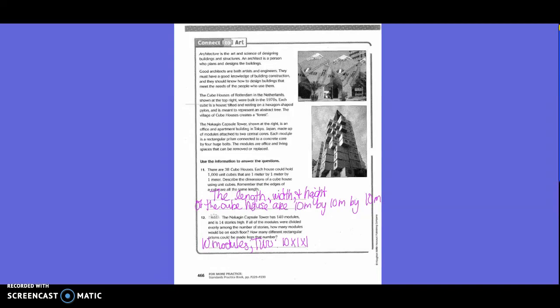Then we did another one. How many do we have in each row? 5. We had 2 rows, and it was only 1 height since it's 1 floor. Could we have written that also as 2 by 5 by 1? Yes. Okay. All right.